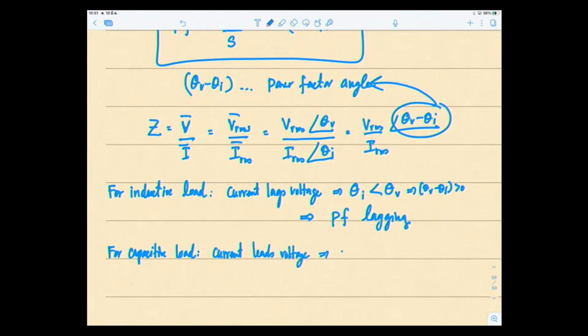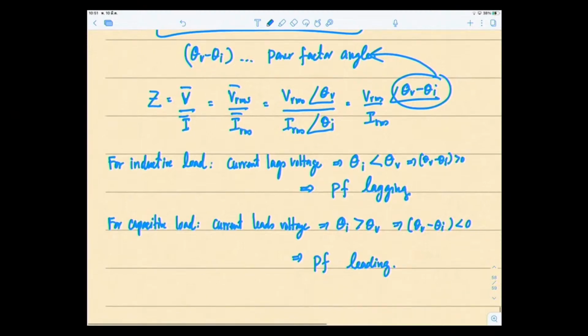So your theta I is greater than theta V, and that leads to a negative power factor angle. So for the capacitive load we would write our PF as PF leading. So if you have a load that is PF lagging, you know it's an inductive load. PF leading means it's a capacitive load.